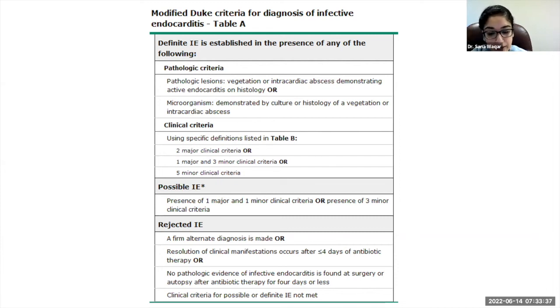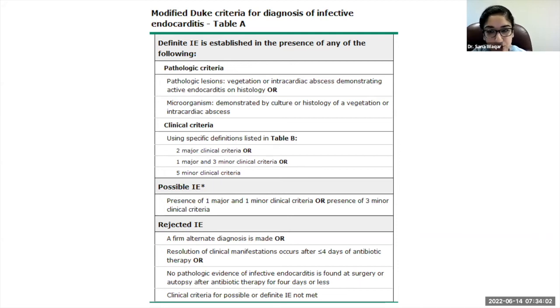If you do encounter that situation where there's an incidental finding of valvular vegetation in the absence of bacteremia or signs of sepsis, do not have a reflex to start antibiotics. Work them up, do lab work, 3 sets of blood cultures, because it may very well be a non-infective vegetation. So it could be a thrombotic vegetation, marantic vegetation.